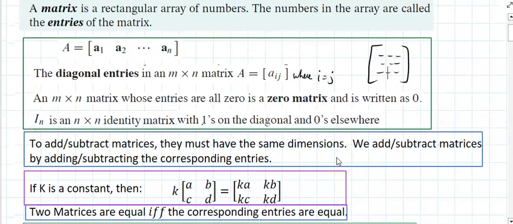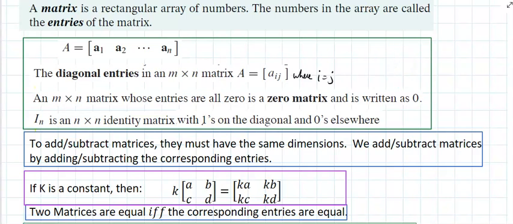Now, the diagonal of a matrix. If we want to talk about a matrix, let's make it here. Let's say A, B, C, D, E, F, G, H, I. So that's a matrix. That's an array of numbers. The diagonal of an m by n matrix would be A sub ij, where i equals j. That would be like, in reality, A sub 1,1, 2,2, 3... You know what?